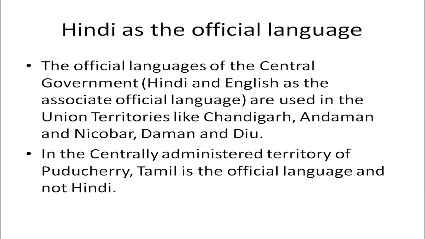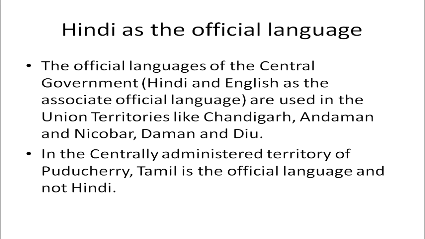But mainly where Hindi is considered to be the official language, we have to understand that apart from these states, there are central government territories there which are often called union territories. We accept Hindi as the first and the foremost language for official purposes.